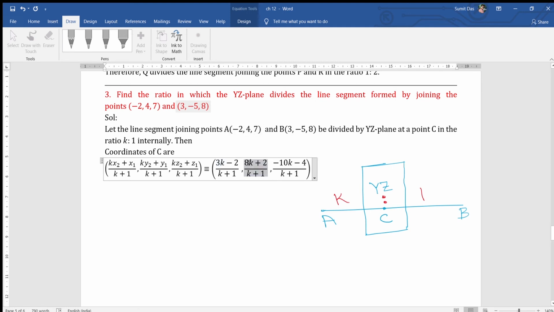Then minus 5k plus y1, which is 4, so minus 5k plus 4. Then kz2, where z2 value is 8, so 8k plus 7. That is our coordinate of C.